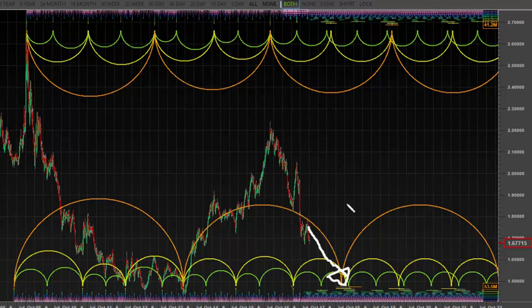So having established that the British pound was weak against the US dollar and the Australian dollar was strong against the New Zealand dollar for the next few months, we managed to come up with an even better, clearer phasing here with the British pound to Australian dollar.